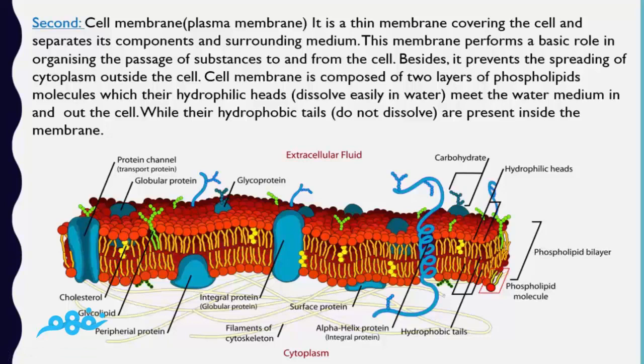Cell membrane is composed of two layers of phospholipid molecules, which their hydrophilic heads, which dissolve easily in water, meet the water medium in and out the cell, while their hydrophobic tails, which do not dissolve in water, are present inside the membrane, as we see here in this figure.